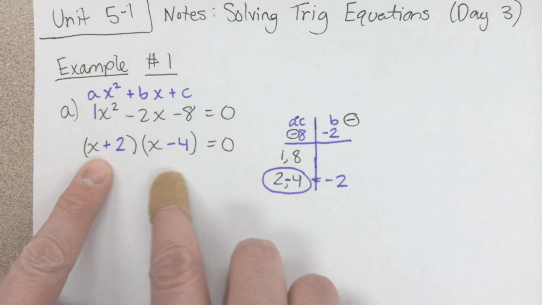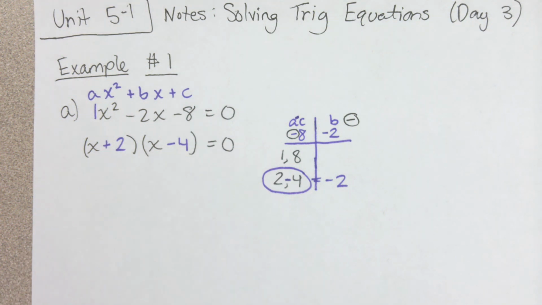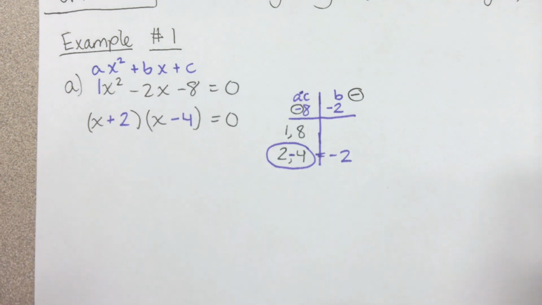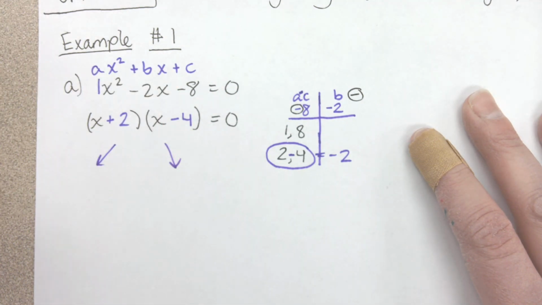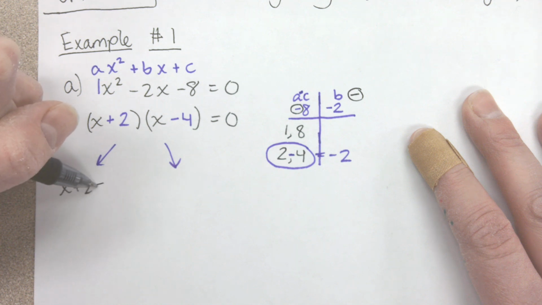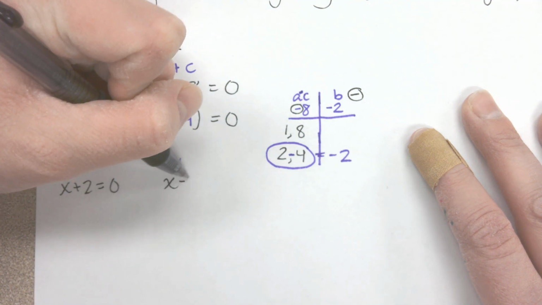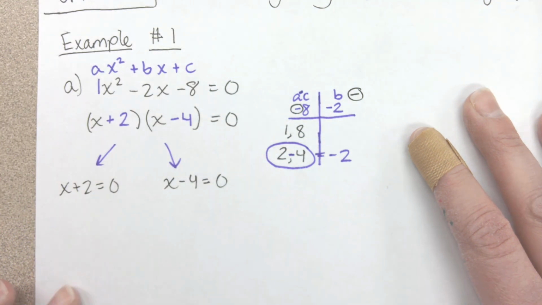From here, I have my factors equal to 0. I can split them up into their own separate equations, set them both equal to 0, and solve them separately. We have x plus 2 equal to 0, and x minus 4 equal to 0.